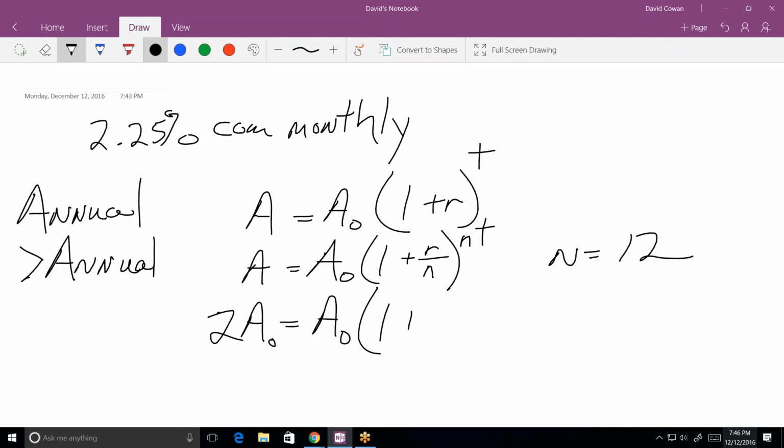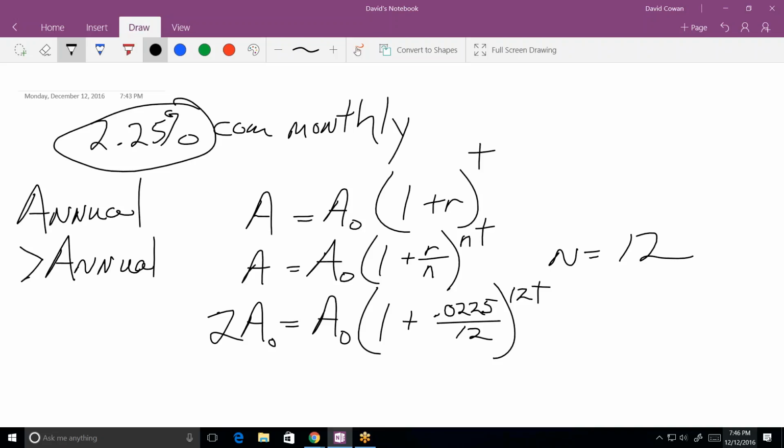Plus, got to convert that percent to a decimal. So it's 0.225 divided by 12 multiplied by 12t.